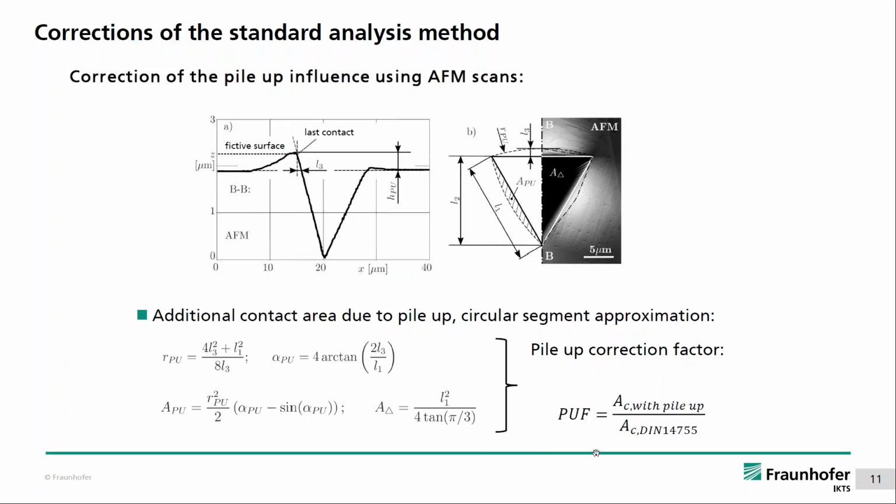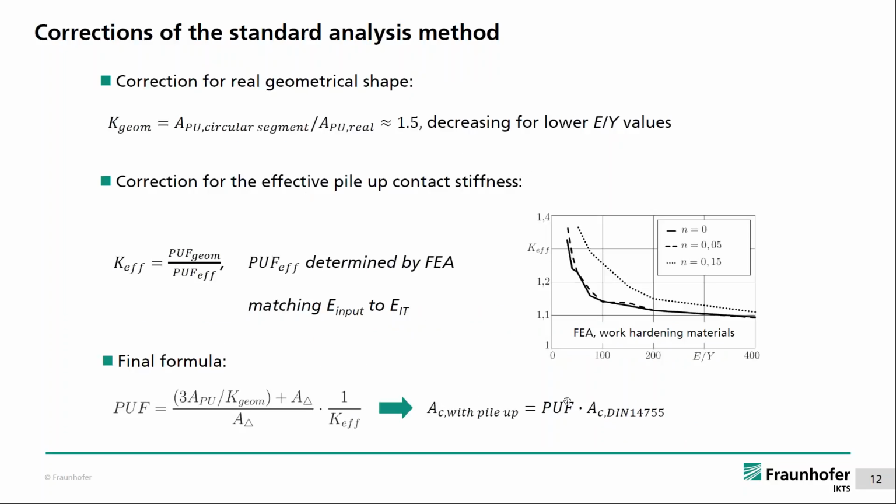And you can calculate a so-called pile-up correction factor, which is the ratio of the real area in contact to the area the standard treatment produces, so the triangle. And you correct everything, and then you can get a more correct contact area, and with this a more correct hardness and a more correct Young's modulus. If you want to go step by step, everything is here.